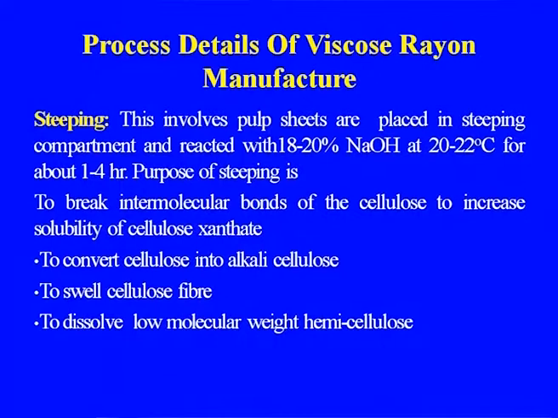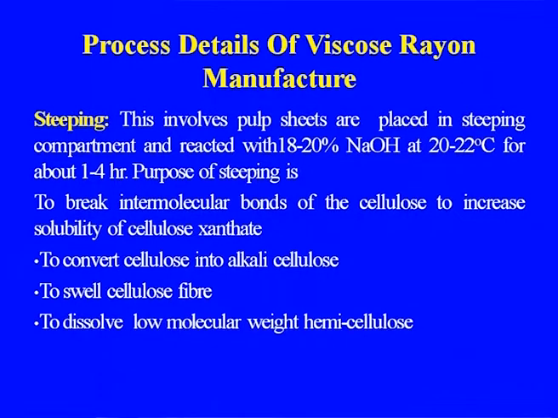So the first step in the manufacture of the viscose rayon is the steeping process. This involves the pulp sheets being placed in a steeping compartment and reacted with 18 to 20% NaOH at 20 to 22 degrees centigrade for about 1 to 4 hours.